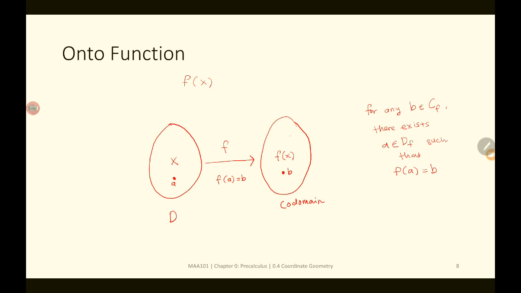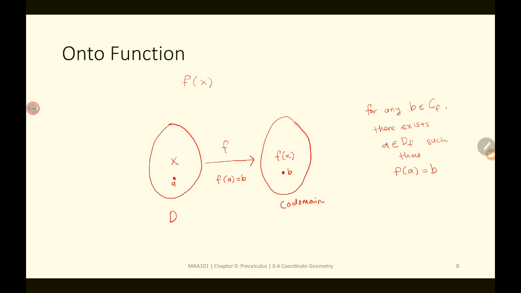So every element in the codomain is a function value. It's like f is onto the codomain. That's an onto function.